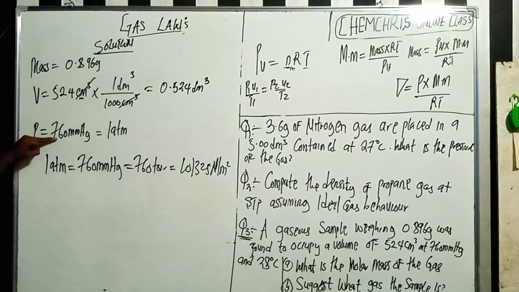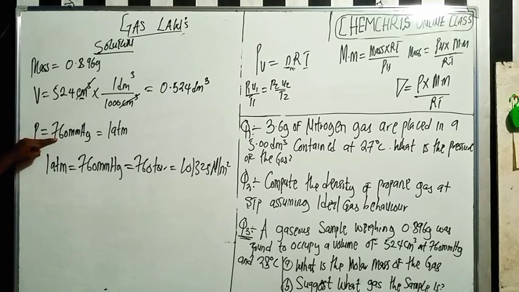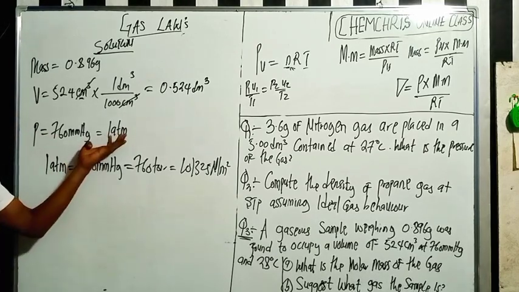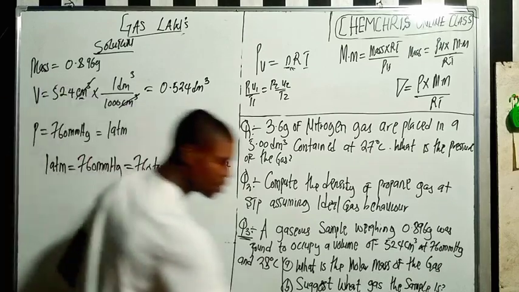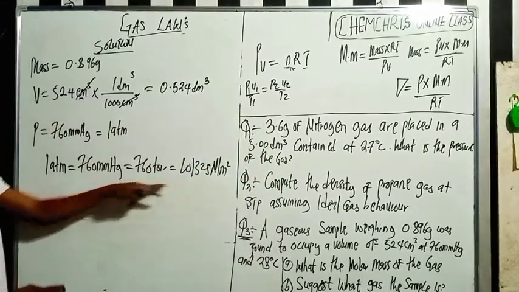The question gave us 760 millimeter mercury, so we have to convert it to 1 atm.